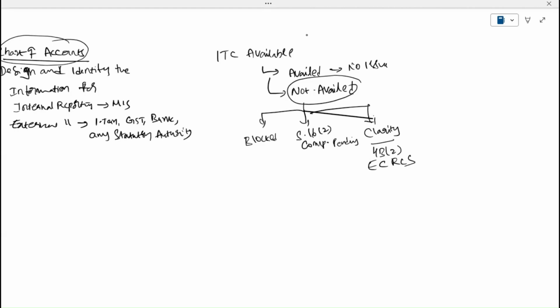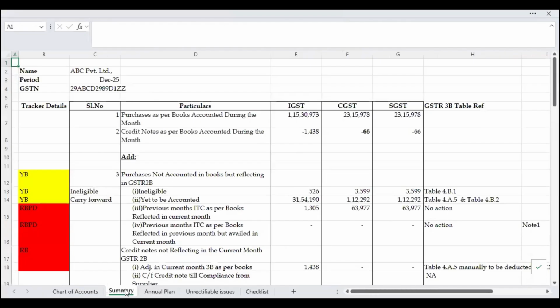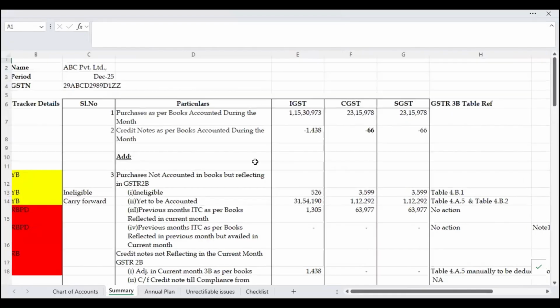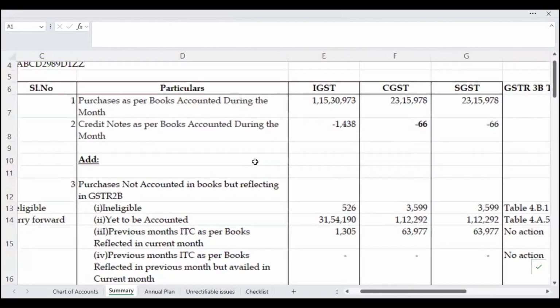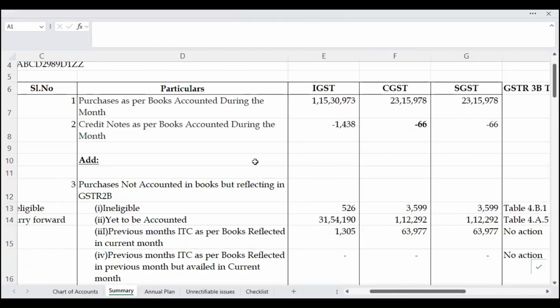So for this particular activity, I need to have a reconciliation. I'll just show you one Excel file where we maintain this reconciliation. Now, this is just an internal document which we use for monthly reconciliation activity. Hope the Excel file is visible, everyone?